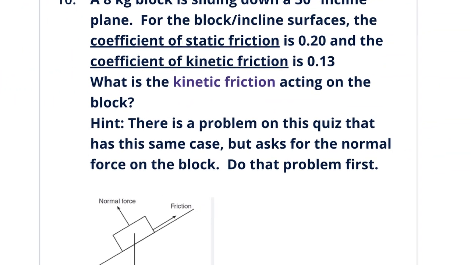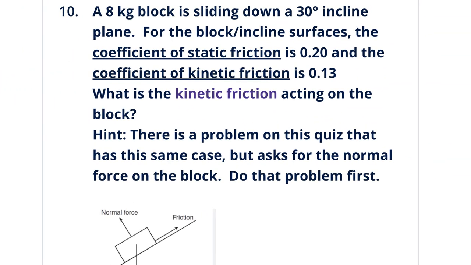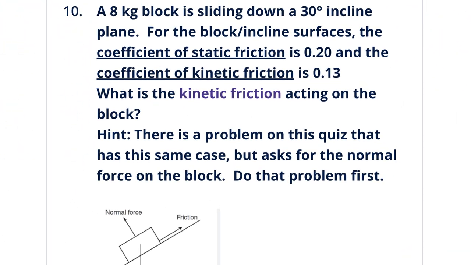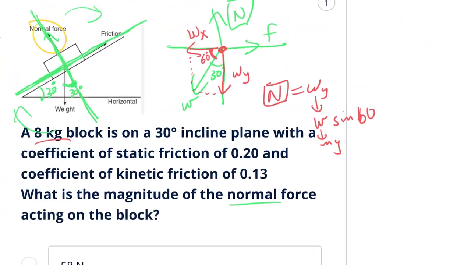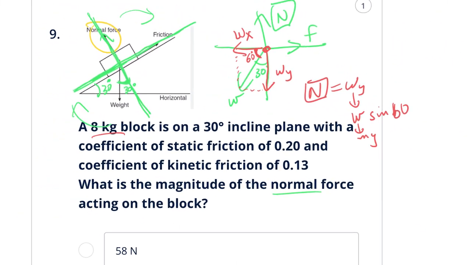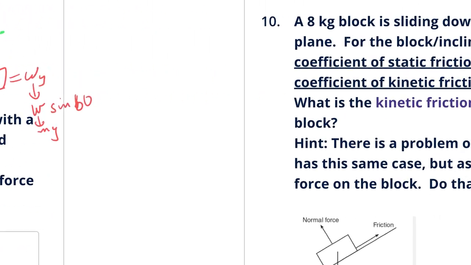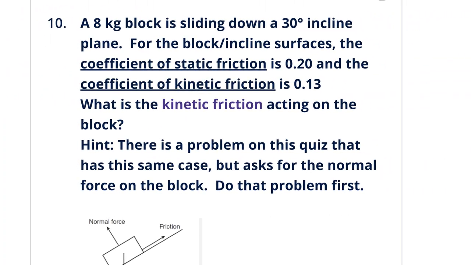Now this block is sliding down 30. Is this the same question as this? Yeah, everything's the same, so I can use the info from the previous question. It says it right here: do that problem first. We just did.